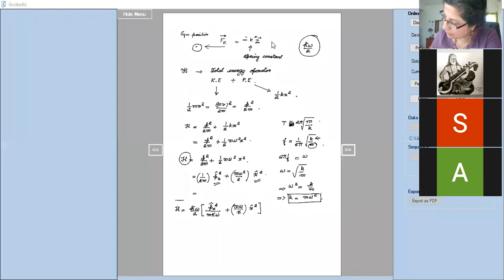This is the Hamiltonian for a simple harmonic oscillator as far as quantum mechanics is concerned, for a quantum mechanical linear one-dimensional harmonic oscillator. Now, you will see that this is essentially made out of two squares.